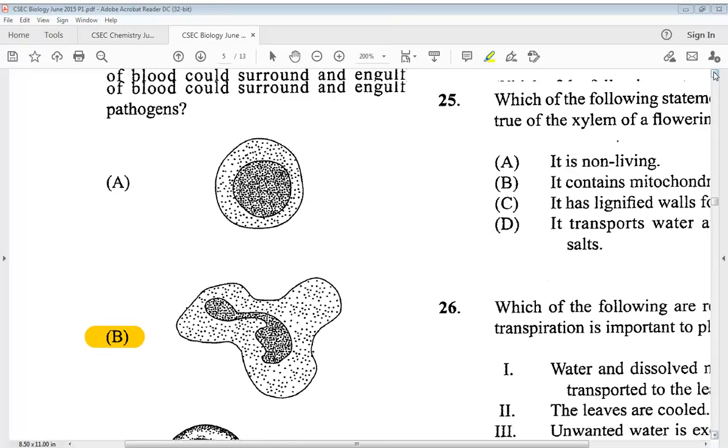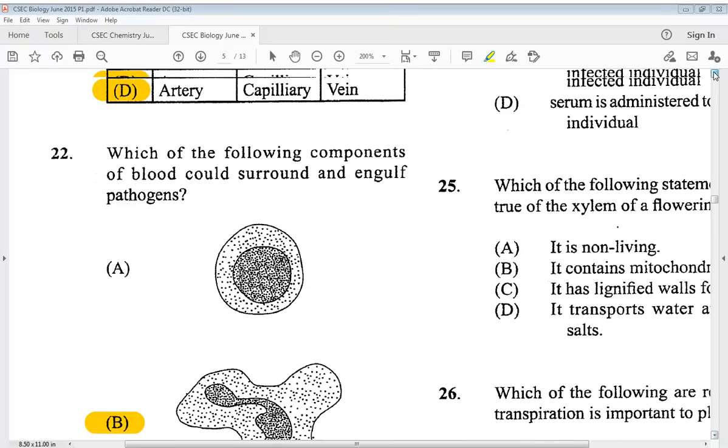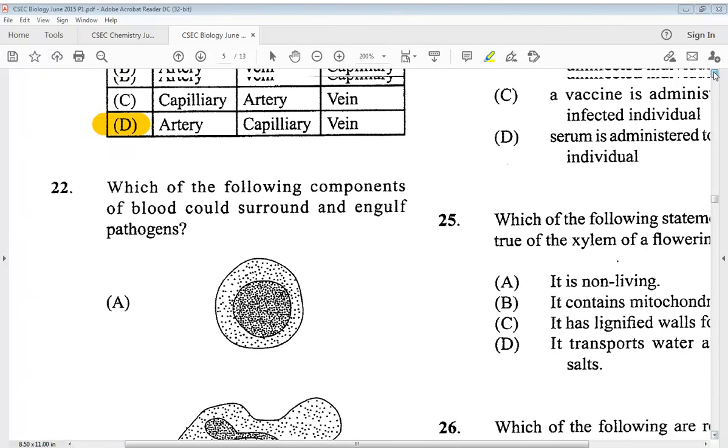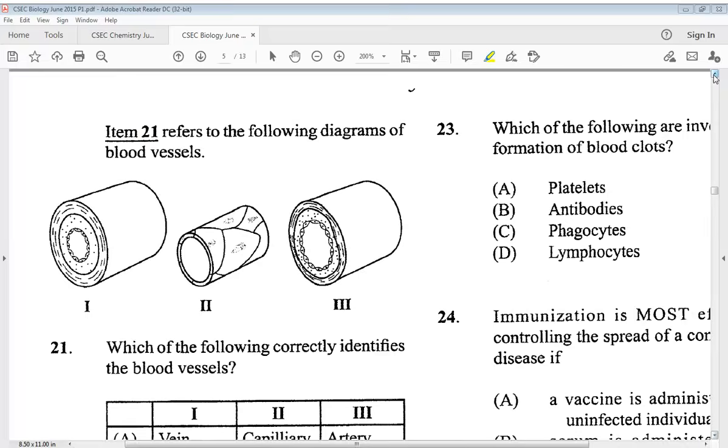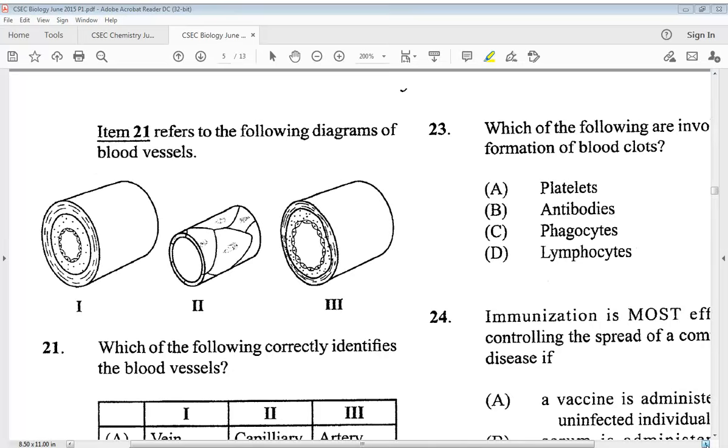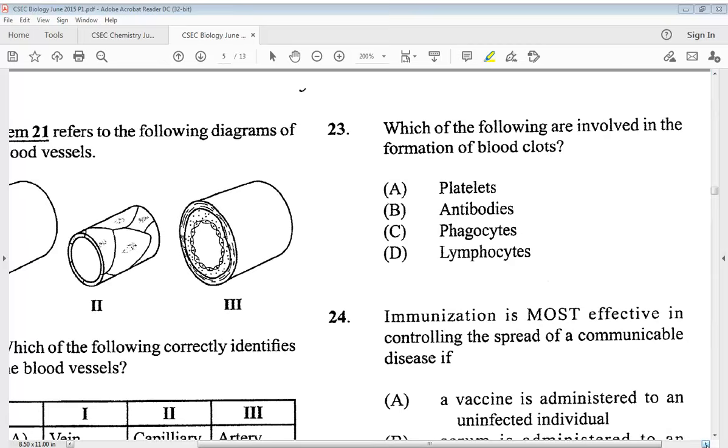Here it says, which of the following are involved in the formation of blood clots? The answer is A, platelets.